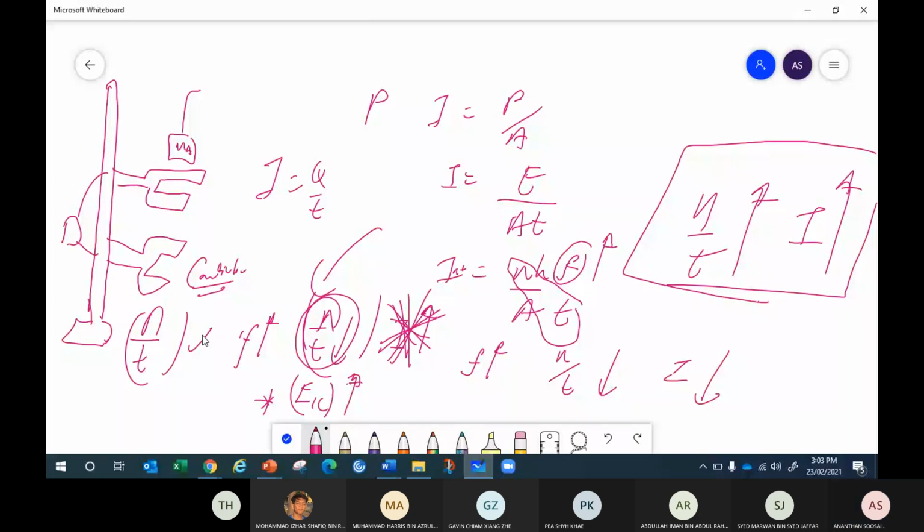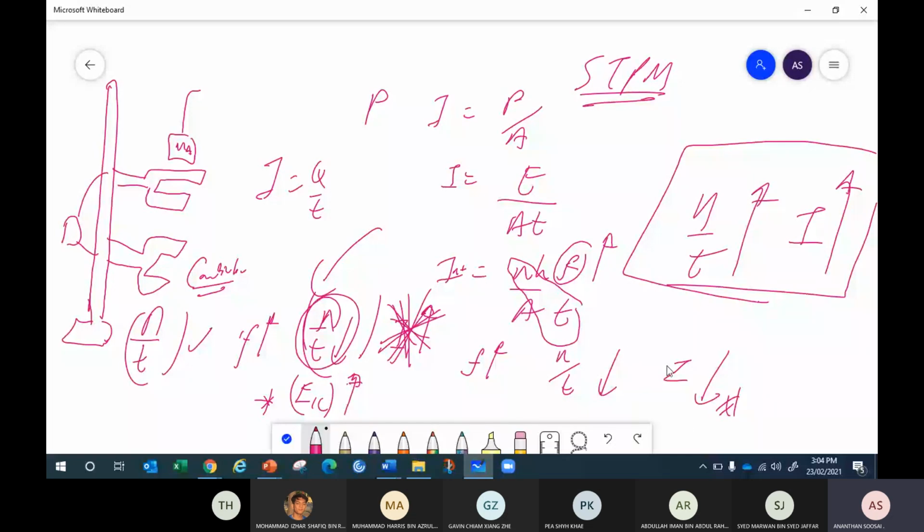But in STPM and the other boards, they do ask questions about current. What will happen when frequency rises, and what happens to the current? In their explanation, the current is proportional to N over T. So when frequency rises, N over T drops, so current drops. That's the answer they say. So still controversial.